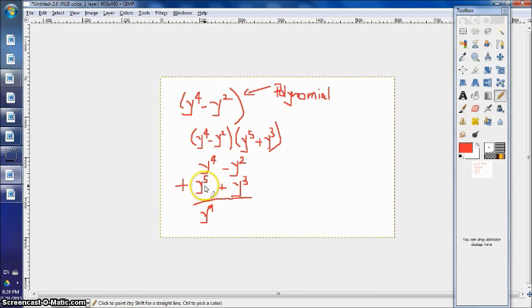Okay, so this is going to be y 4 plus 5 is y raised to 9, minus y, plus 5 minus 5 plus 2 is 7, so minus y raised to 7. Then my second term over here, y 3 plus 4 is y raised to 7, minus 3 plus 2 is 5.